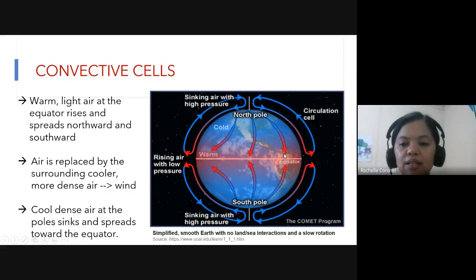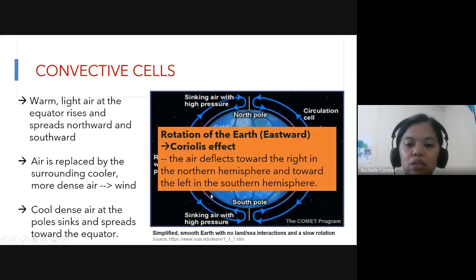Note, however, that convective cells like the ITCZ are not really at the equator; they are offset. That is because there are other parameters here. We have to consider the rotation of the Earth, the Coriolis effect, and the tilt of the Earth.